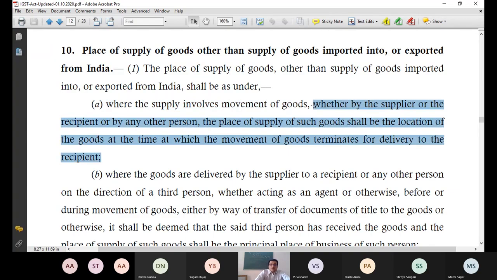The Act says, whether by the supplier or the recipient or by any other person, when the goods require movement, the place of supply of such goods shall be the location of the goods at the time at which the movement of goods terminates for delivery to the recipient. Now let me discuss this with the help of an example.